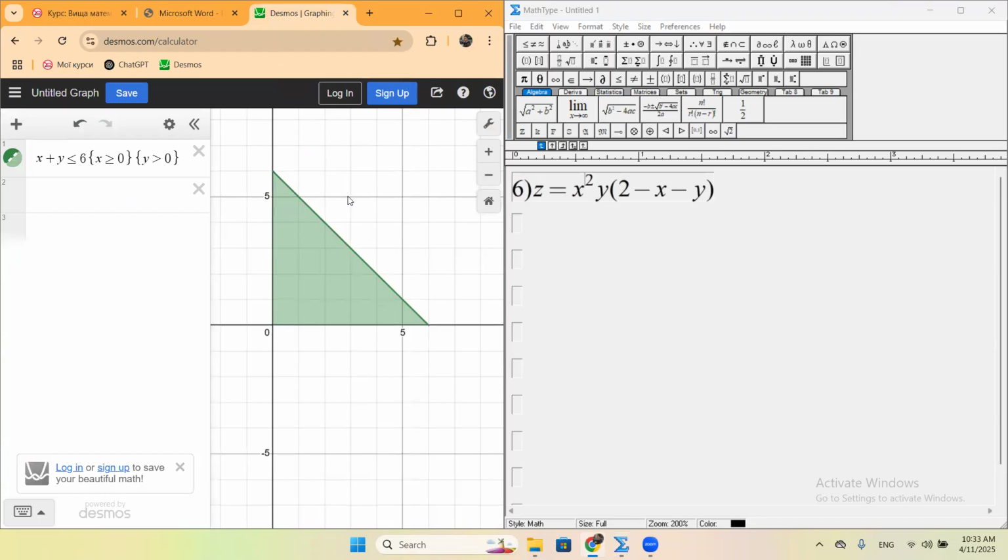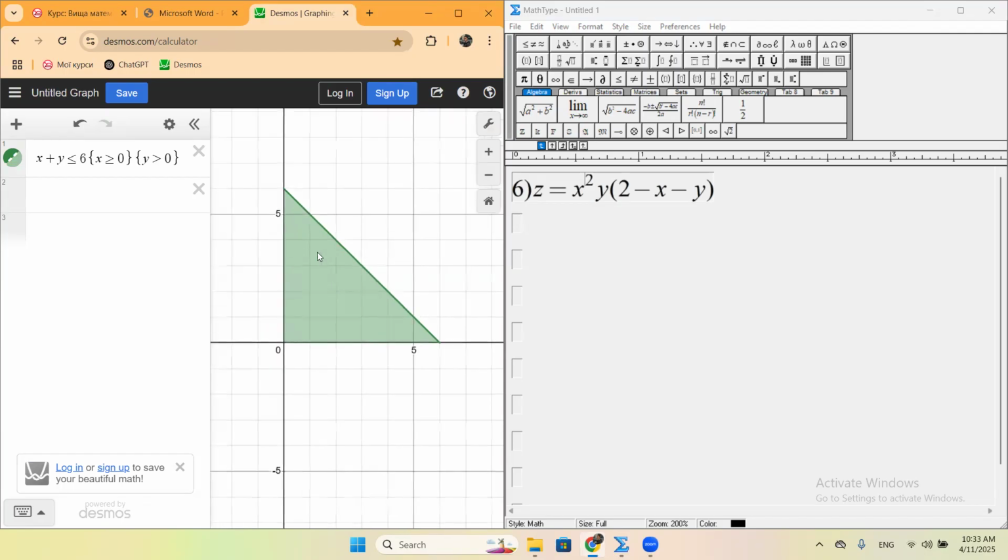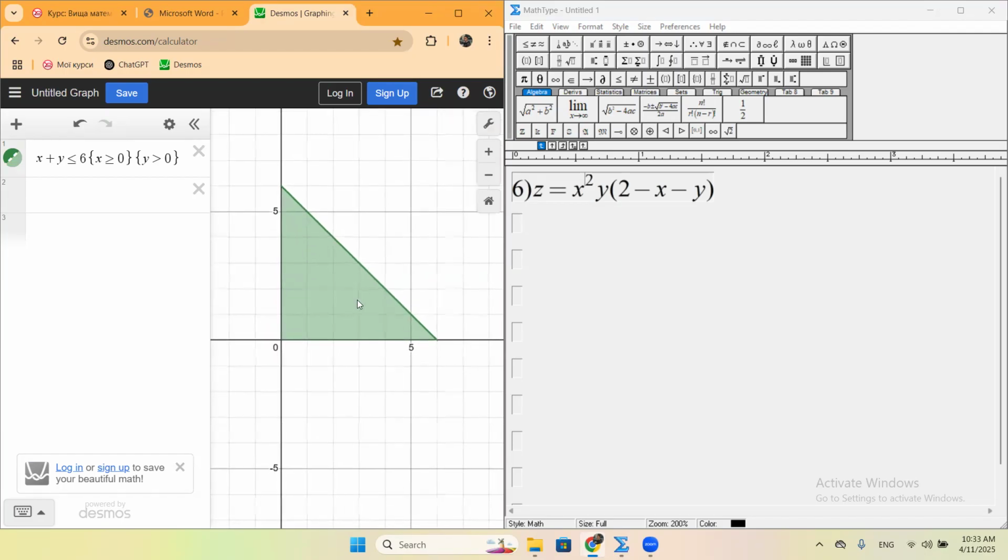Actually, in the two-dimensional case, we will do analogous things. We will have to calculate the value of this function at the edges of the domain, and also we will have to investigate this function for extremum inside this triangle. So let's start first of all with the edges.